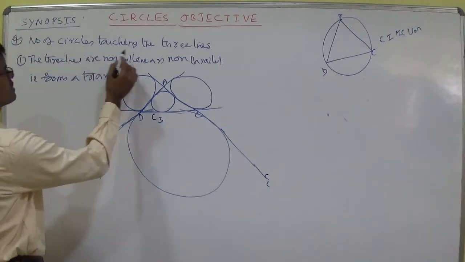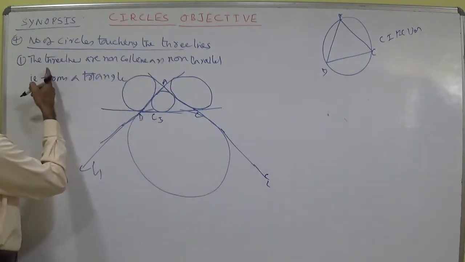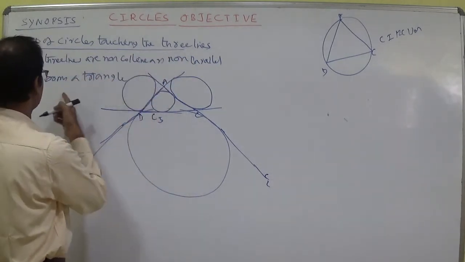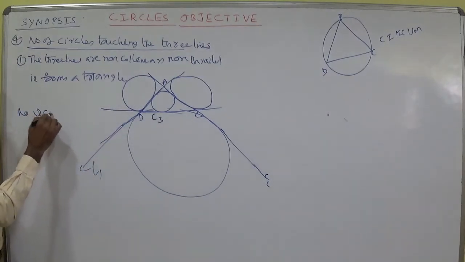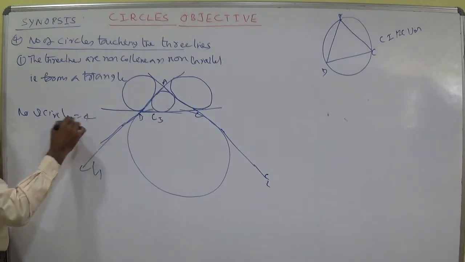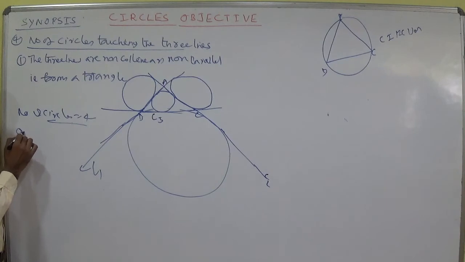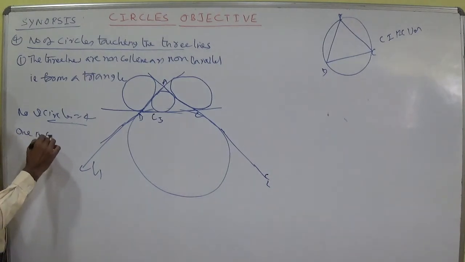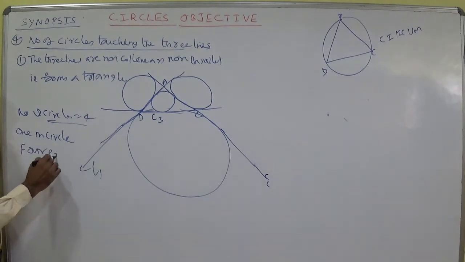This is the condition: the three lines are non-collinear, non-parallel, that is, they form a triangle. Number of circles you write here is equal to 4: 1 incircle, 3 excircles.